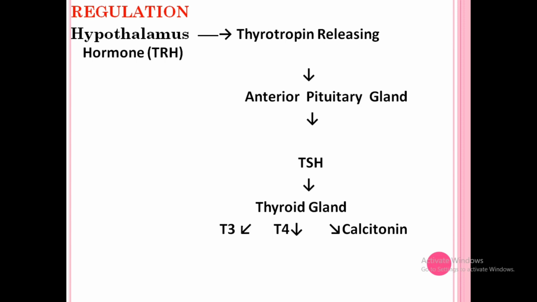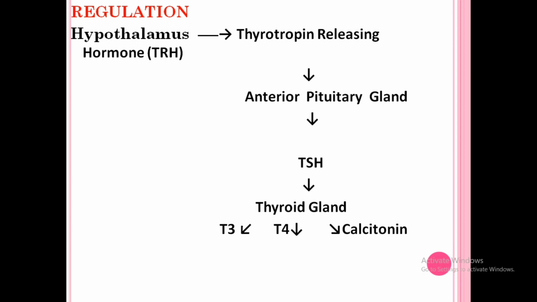The production of T3 and T4 is regulated by TSH, which is released by the anterior pituitary gland. The thyroid hormone also provides negative feedback to the thyrotropes, and it regulates the production of TSH and TRH.